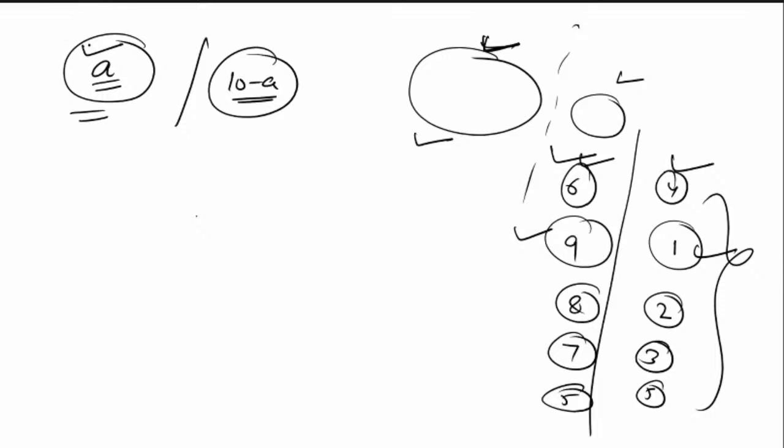Now we want the maximum number of edges, so we will put the maximum number of edges in each component. To make maximum edges, we need to make a complete graph.